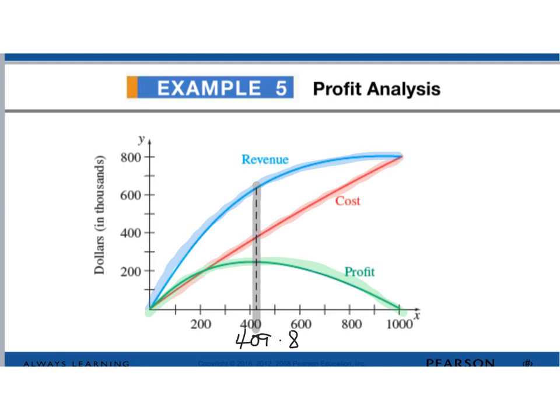And what that tells you is that when you make the 409th computer, your revenue is still increasing. Your cost is still increasing. But your profit at that point is decreasing. And at this point, your revenue is equal to your cost and your profit is 0.